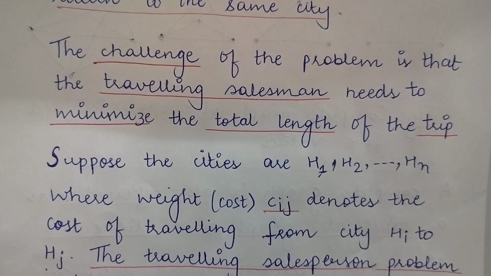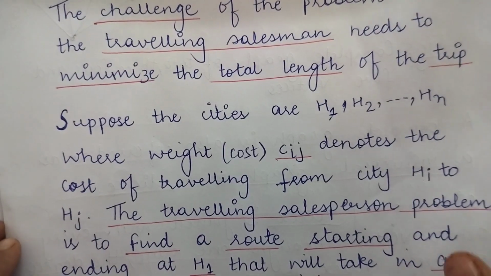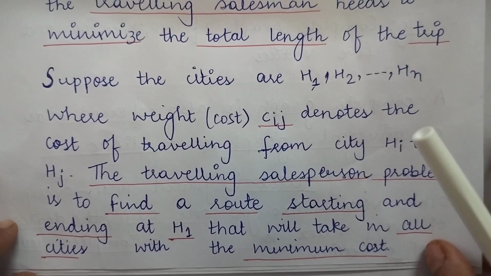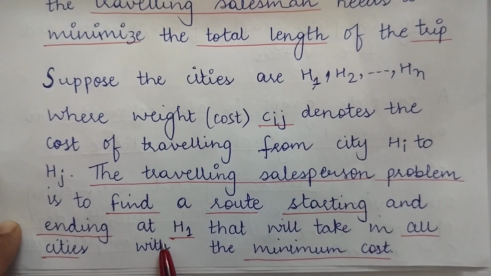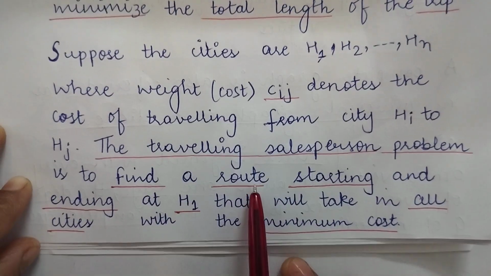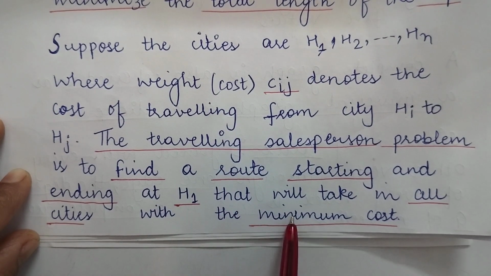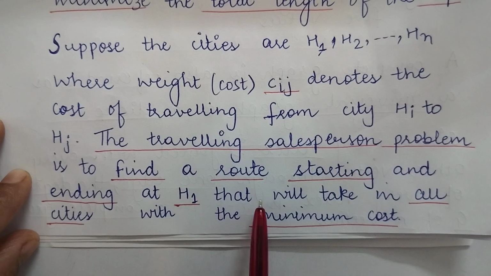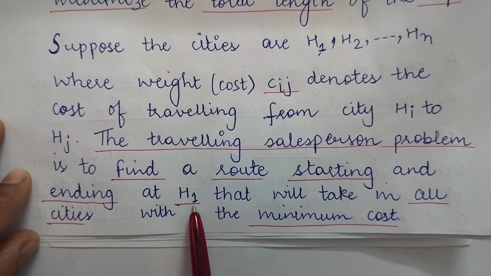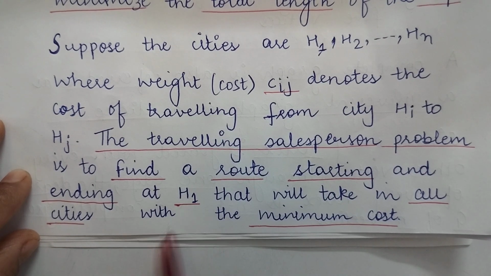So the traveling salesman problem is to find, so what is basically this problem all about? It is about finding a route starting and ending at H1 that will take in all cities with the minimum cost. So you start from H1, that means you start from your hometown, and obviously you have to end also at H1, because wherever you reach, finally you have to come back to your hometown.